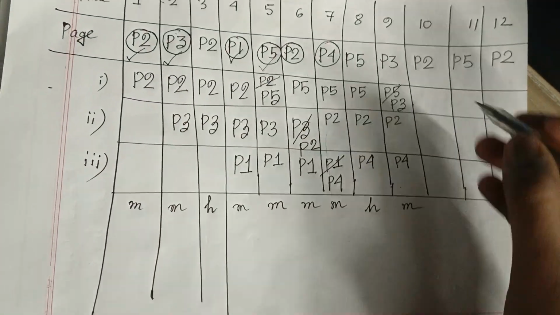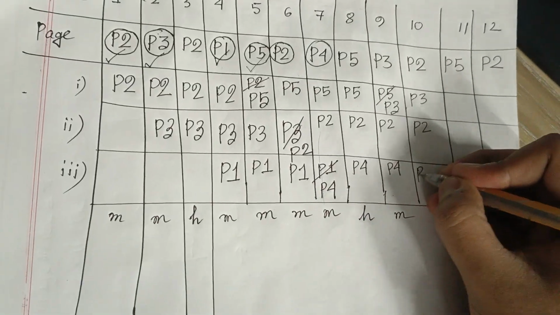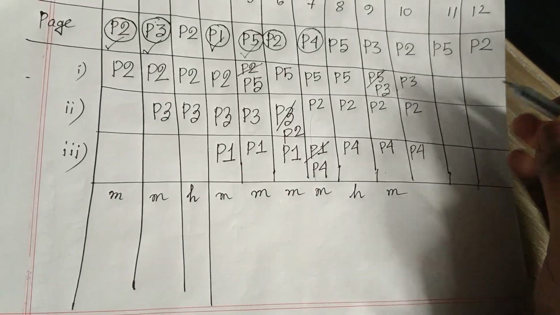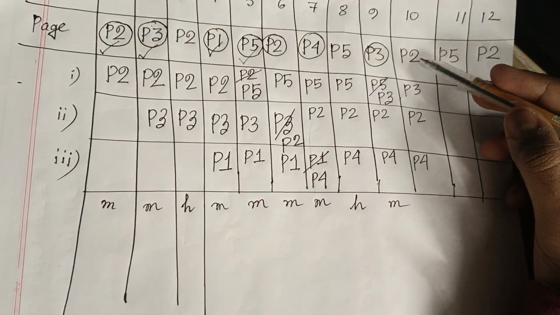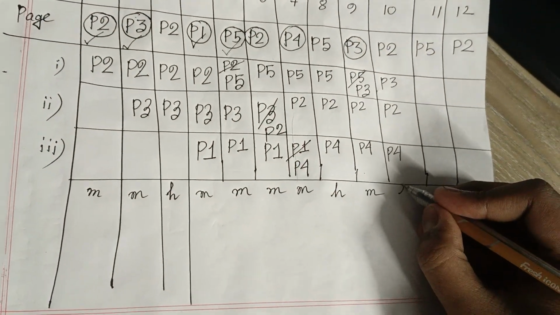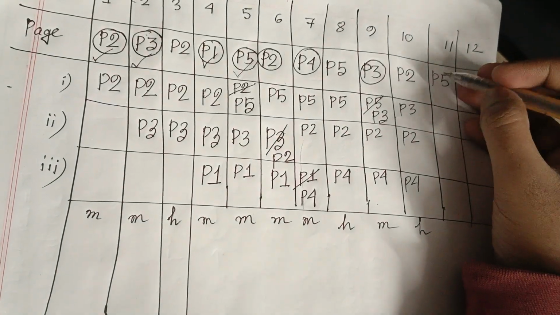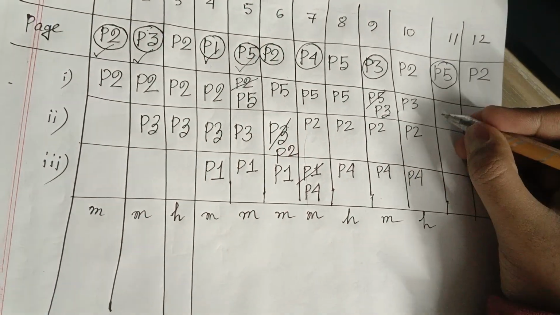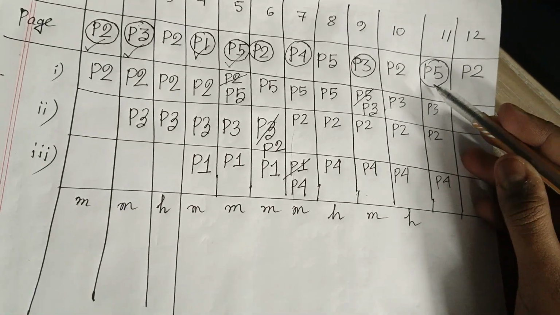Okay, done. Then again we will copy P3, P2, P4. So P3 has been marked, right? Okay. P2. Is P2 a hit? Yes, it is a hit. We don't need to change anything. Then again P5. So let's mark it and then copy. Where do we put our P5?